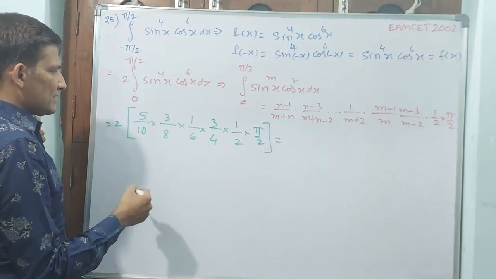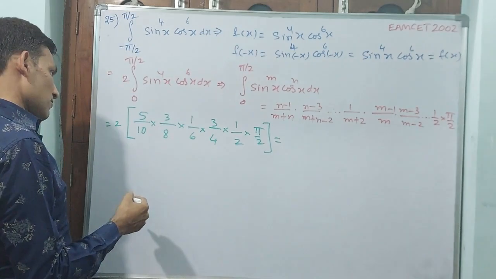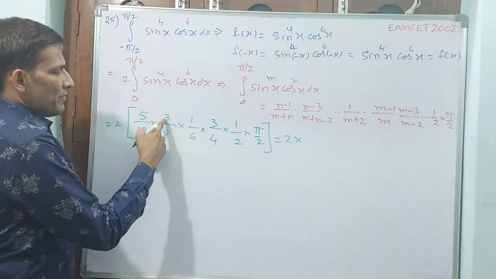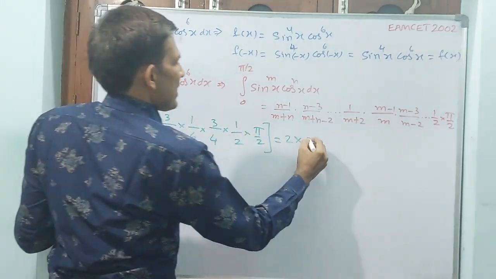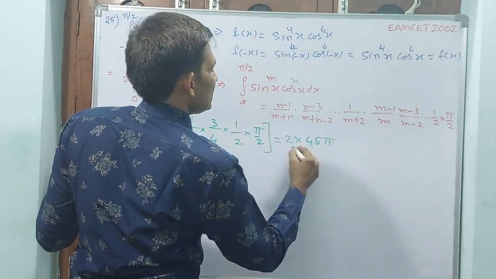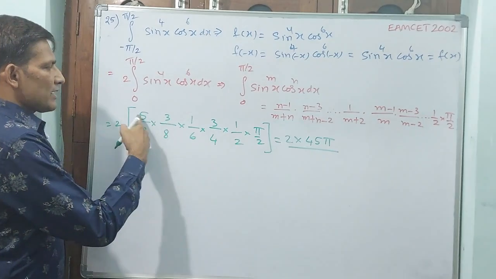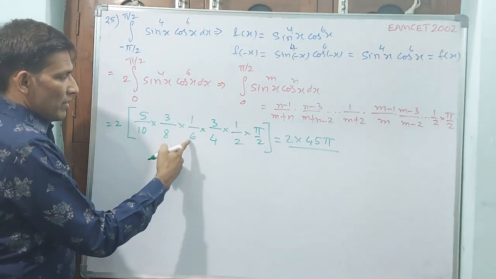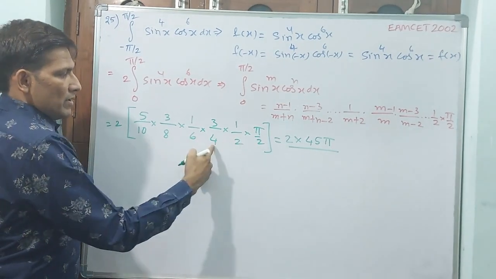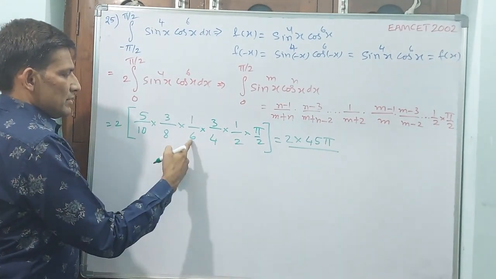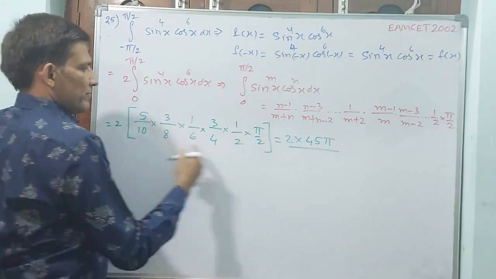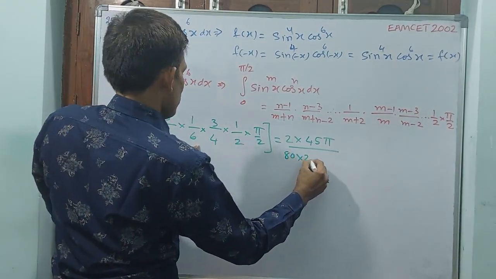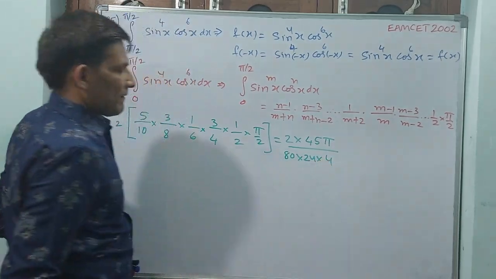Inside, are any cancellations there? No. Okay, we do one thing. 2 into 15 into 3, 45 pi. 3 3s are 9, 45 into 2, 90. Let it be. But here also, 8 2s are 16, 80 into 24 into 4.